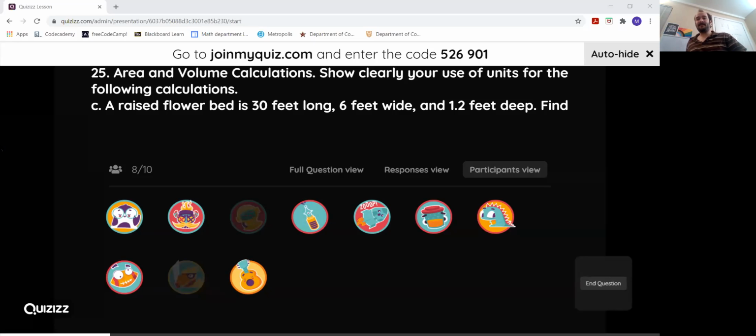All right, so this should take you, I'll give you 30 more seconds, but we've gone over what area is, we've gone over what volume is.